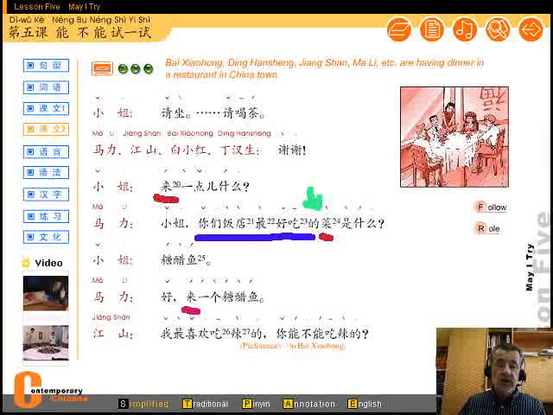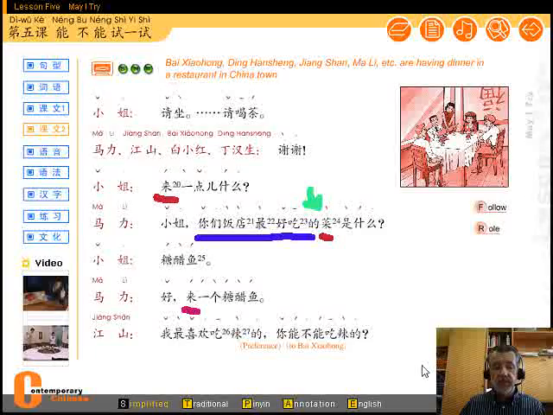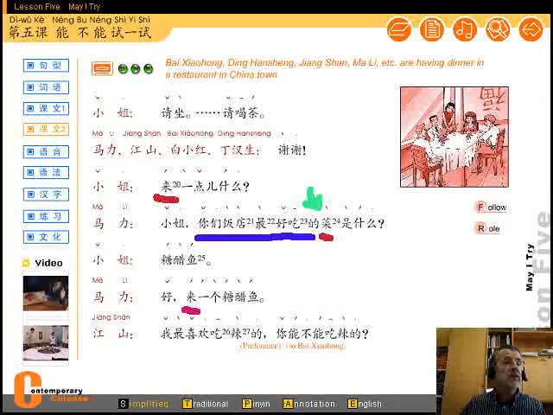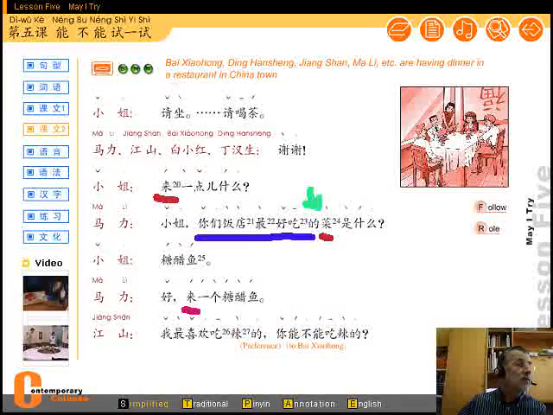Okay, so this has got, I guess, a couple of interesting things we can talk about. Firstly, so back to my red, here we've got the character 最 again, all right, and we encountered that before in 最好吃. So here we're using it in front of another verb 喜欢, which means to like.